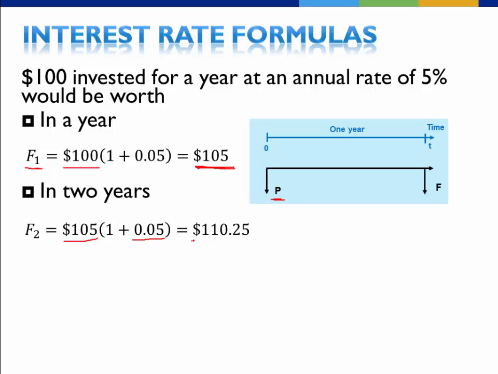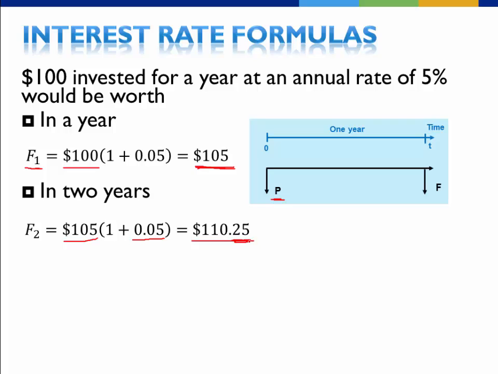So in this case, it will be 110.25. As the amount of money that you are accumulating receives the same interest rate, this value is going to be greater and greater. If you invest $100, the first year it's going to be 105, the second year 110, and because you're investing a little bit more, you're receiving some extra dollars. So that's what we have in there.